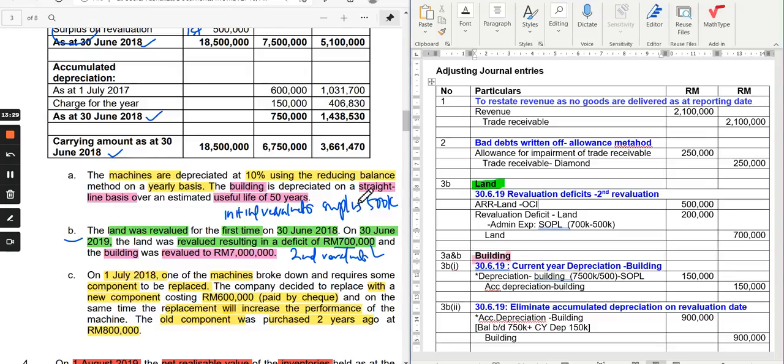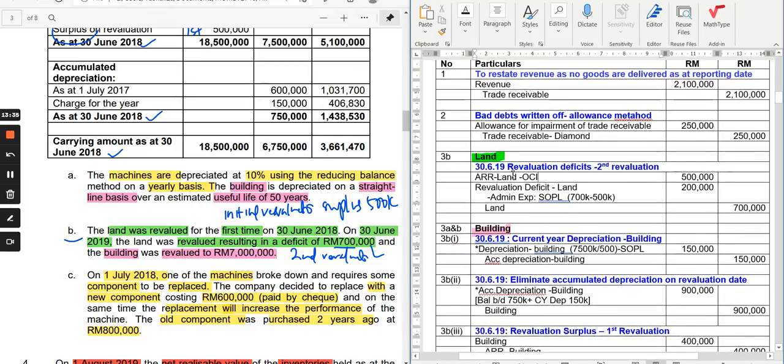The building is depreciated on a straight line basis over an estimated useful life. So for your information, when you do the revaluation, you also need to continue your depreciation, but your depreciation will now be calculated based on the new value.